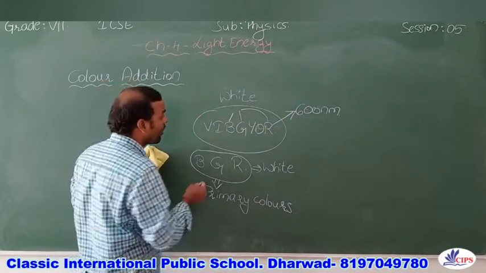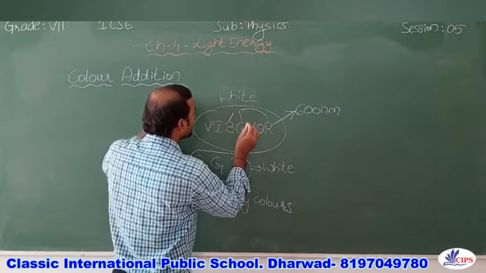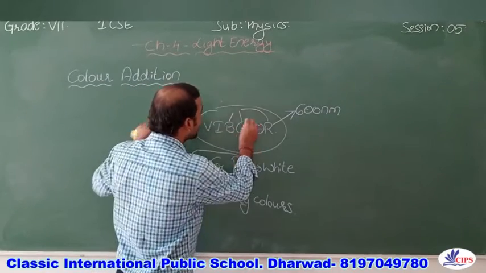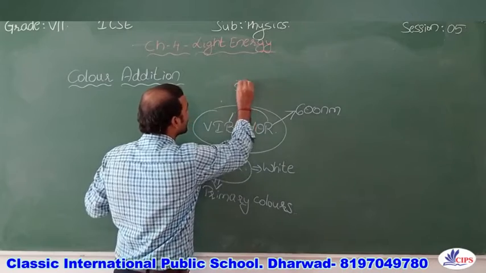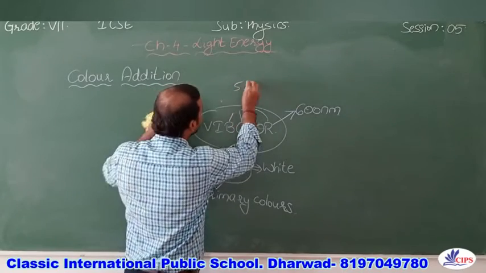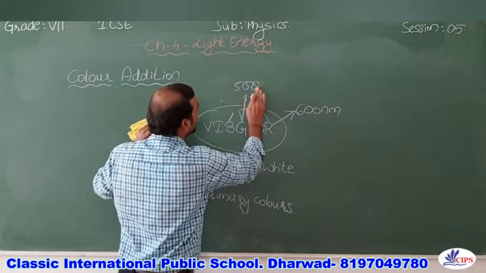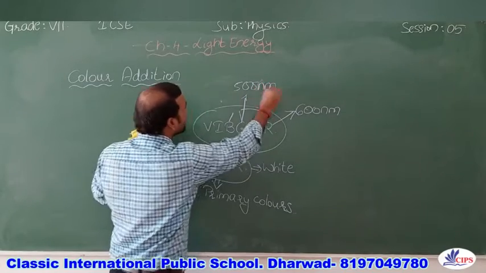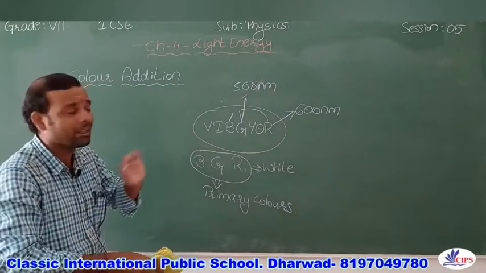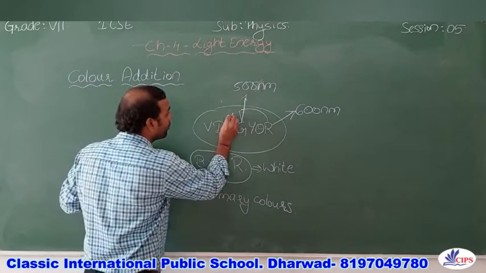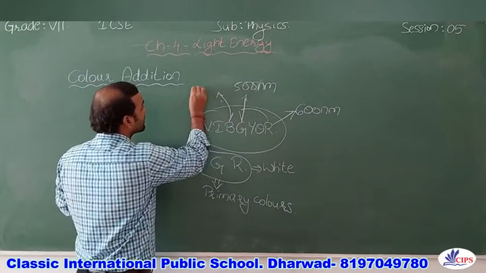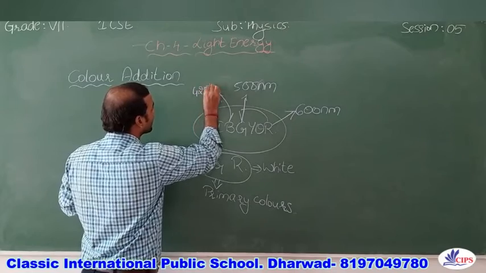For green we have nearly about 500 nanometers, and for blue approximately 420 nanometers.